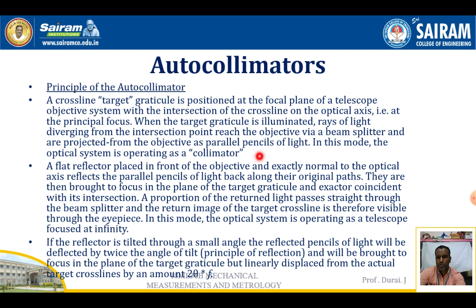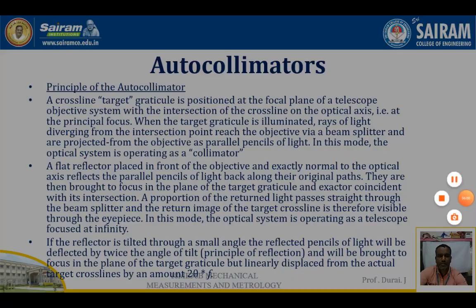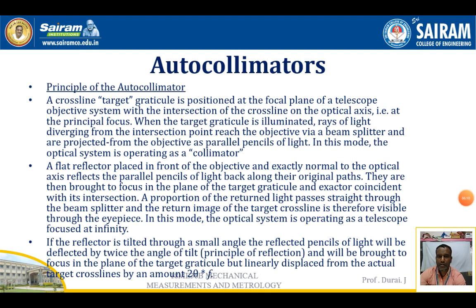In this mode, the optical system is operating as a collimator. A flat reflector placed in front of the objective and exactly normal to the optical axis reflects the parallel pencils of light back along their original paths. They are then brought to focus in the plane of the target reticle, exactly coincident with the intersection.